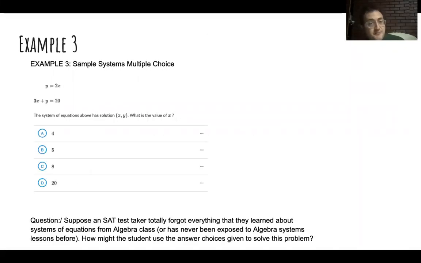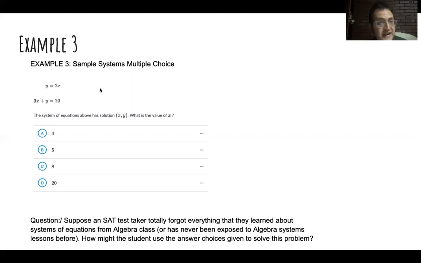All right, this question here is a sample systems multiple choice question. And it says y equals 2x and 3x plus y equals 20. It looks like it could be an elimination, but the problem is that the x's are not aligned.